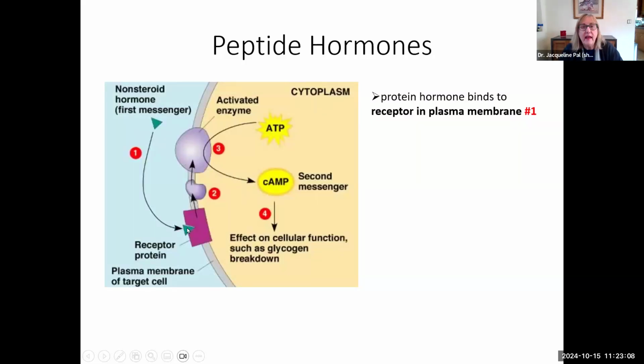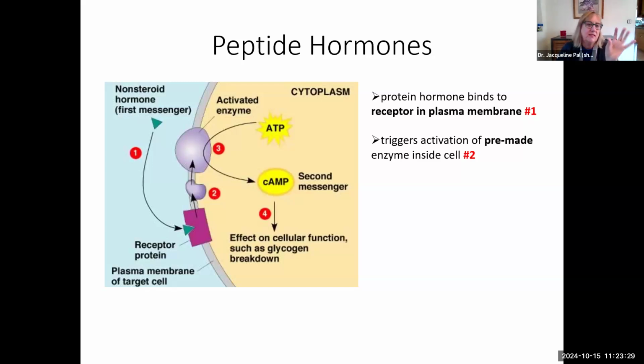When a peptide hormone binds to its receptor, it is going to trigger activation of an enzyme that was already made and sitting there, usually either attached to the plasma membrane of that target cell. So it's either a transmembrane protein or it's sitting on the inside of the plasma membrane right next to the receptor. And when the hormone attaches to its receptor, it activates that enzyme.